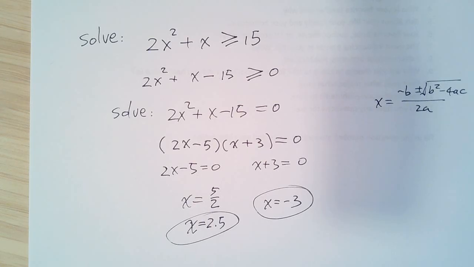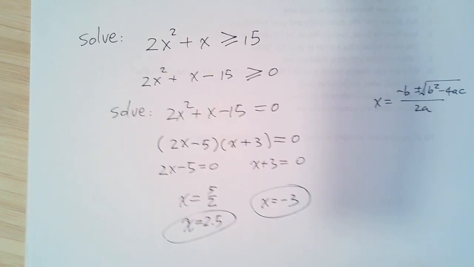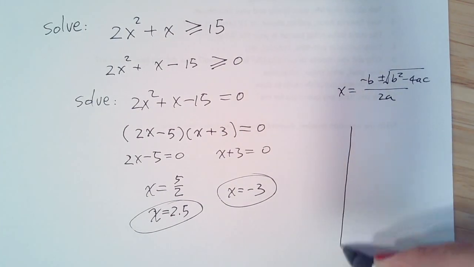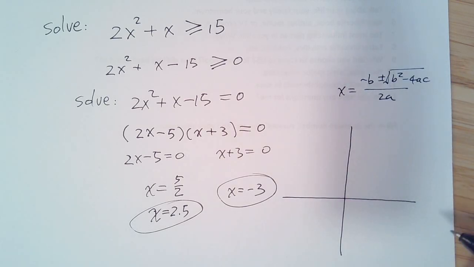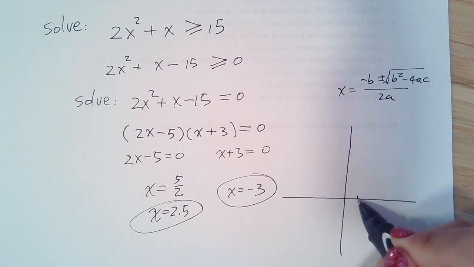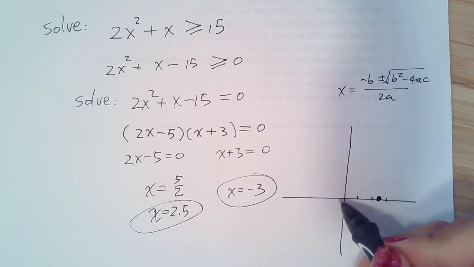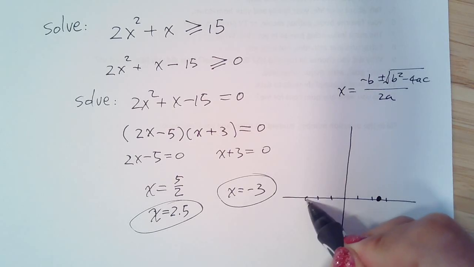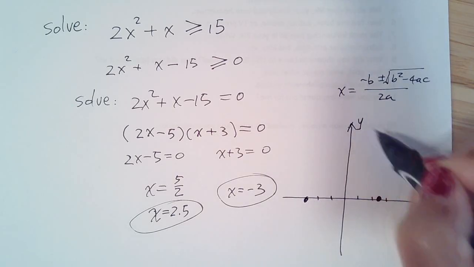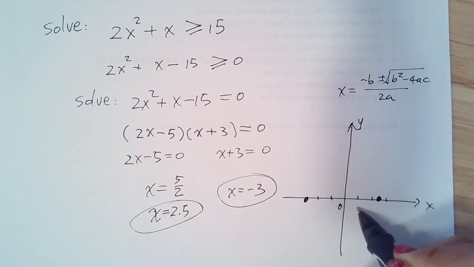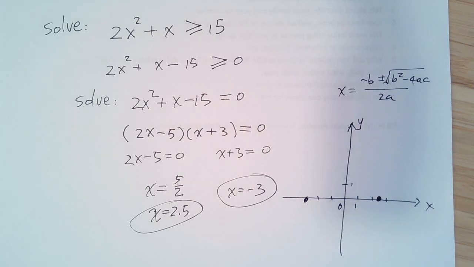Once you have these two solutions, we call them boundary points. The boundary points are 2.5 and negative 3. Here's a y, here's an x, here's a 0, and a 1, and a 1. So we found these two boundary points.